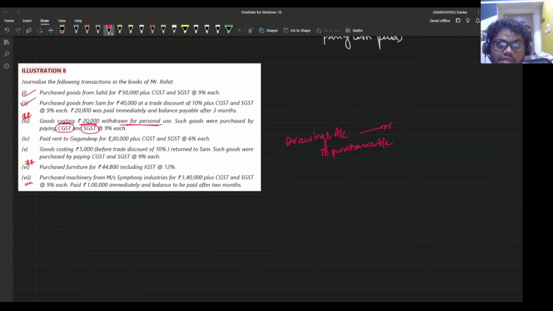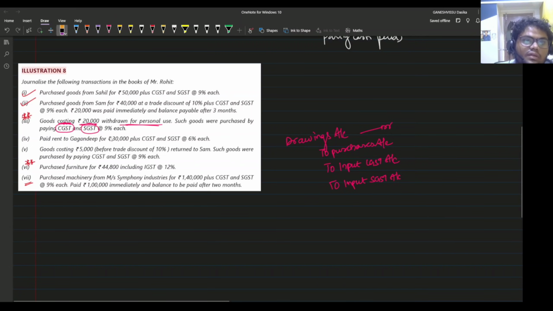He's also paying GST, 9% each for CGST and SGST. But to whom is he paying? He is paying to the business. That means the GST is income for the business now. Simply to input CGST account, to input SGST account. This is the transaction.